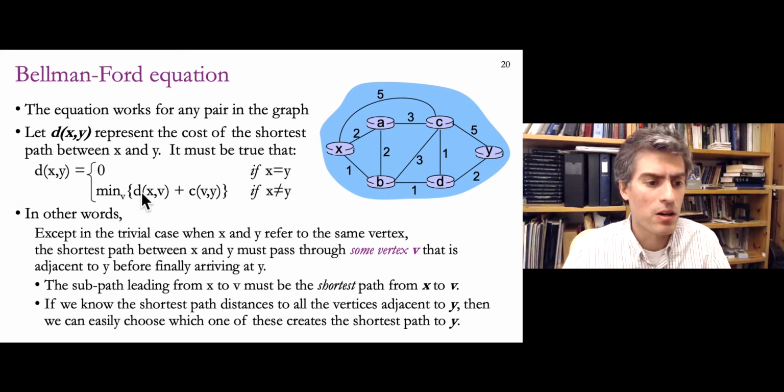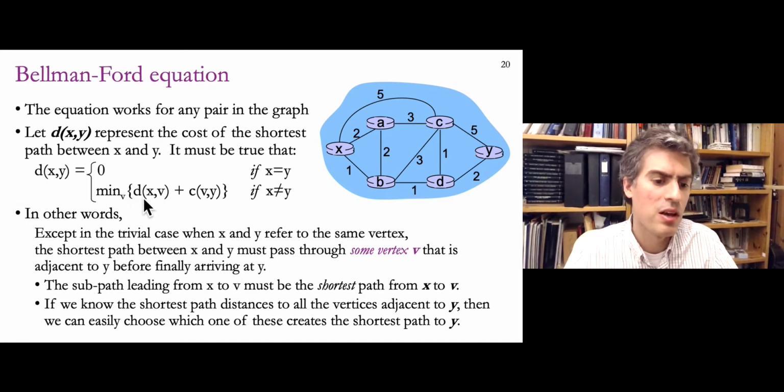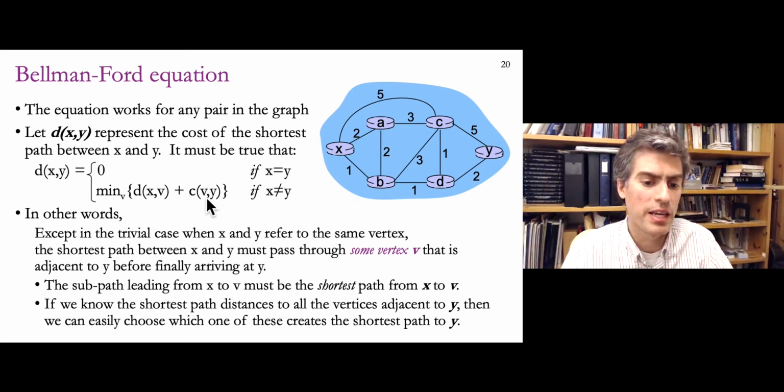Otherwise, it's the cost to get to some neighbor V. So we're minimizing across every possible V, which is a neighbor of the destination Y. Or actually, in this expression, it doesn't have to be a neighbor. Just across every other possible vertex, what's the distance to get from the source to that other vertex plus the cost of going directly from that candidate vertex V to the final destination.